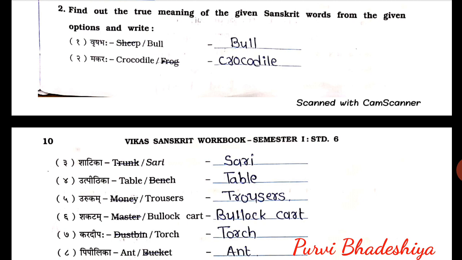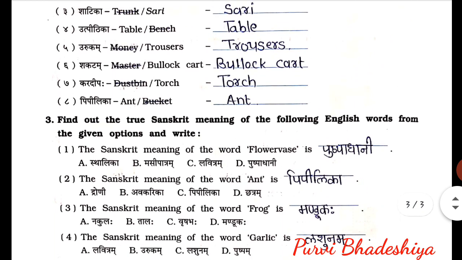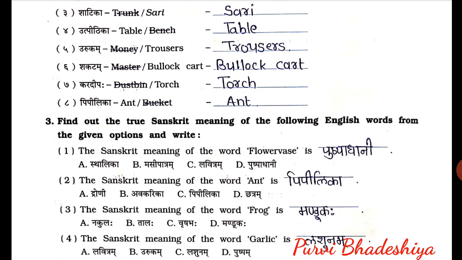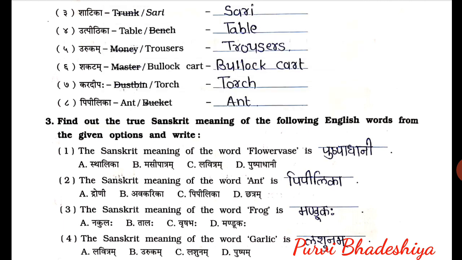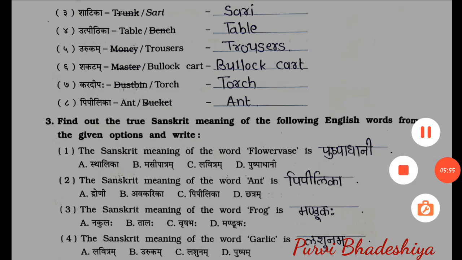C-R-O-C-O-D-I-L-E. Now next, third number, in which Satika, and two options are given. Trunk and sari. So the correct answer is S-A-R-I, sari.